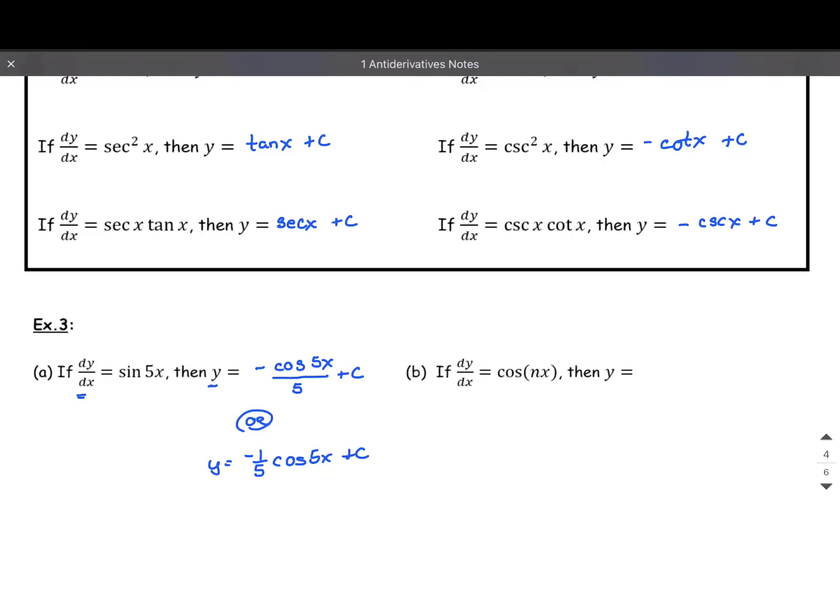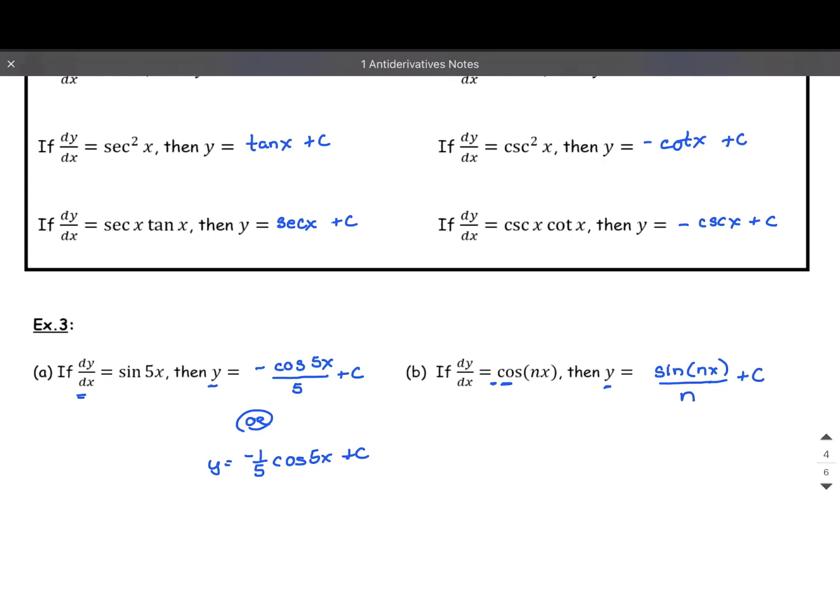N is just a constant. What has a derivative dy dx? That's y. What has a derivative cosine x? That is sine, and we keep the angle. But what's the derivative of the angle nx? It's n, so we're going to divide by n, because we didn't have that over here. So we must have divided it out, plus a constant c.